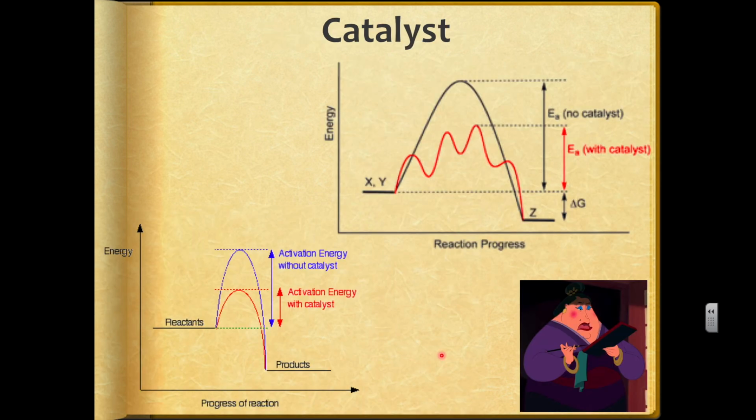So a catalyst I like to describe as a matchmaker, like from Mulan, or it's something that is going to participate in joining two atoms together, but it is going to be there. It's going to be necessary, but it's not actually going to participate in the relationship. So that's kind of like how I like to describe a catalyst.